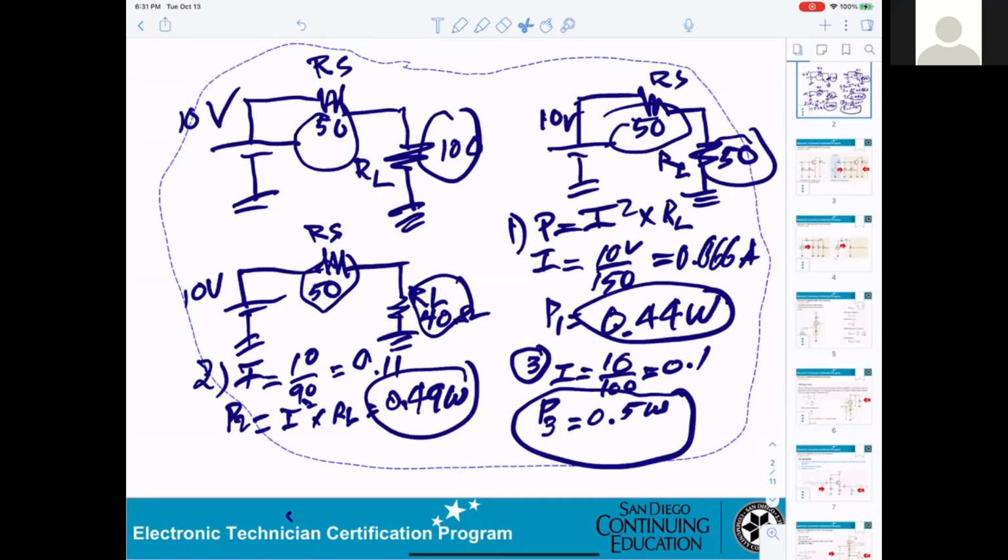Correct, but that's giving me a different answer. Depending on what voltage you look at. You're looking at the power of the load. If you're using VI, then you have to know what V is across the load, not using 10. I see. Okay, that's where I'm making my mistake. Thank you very much.